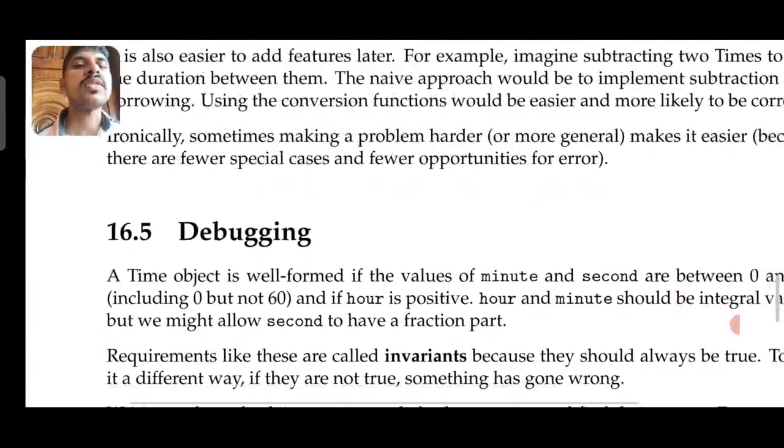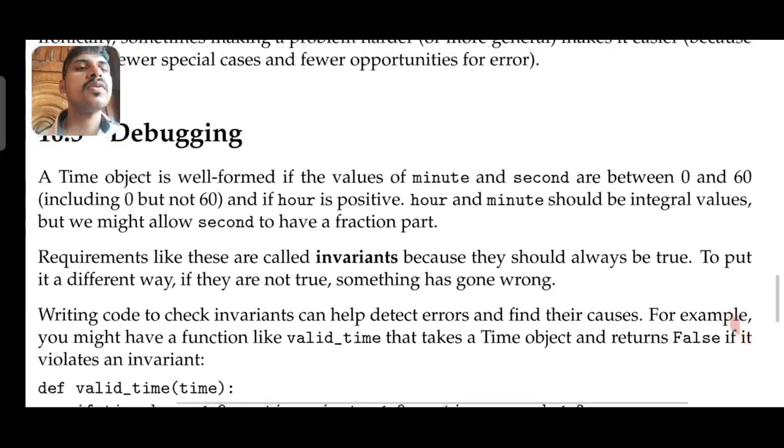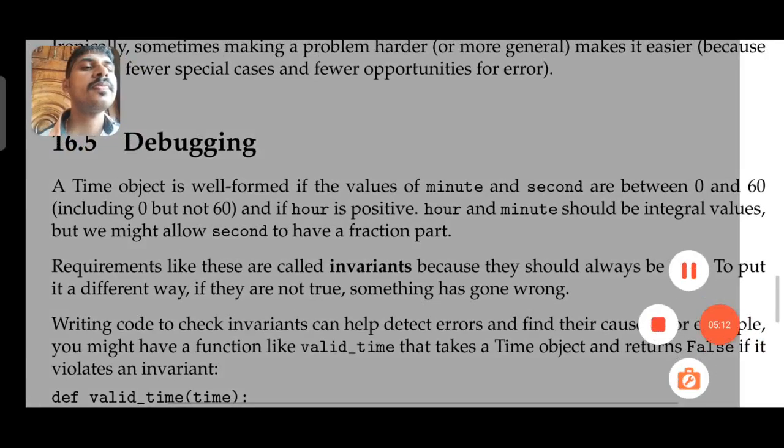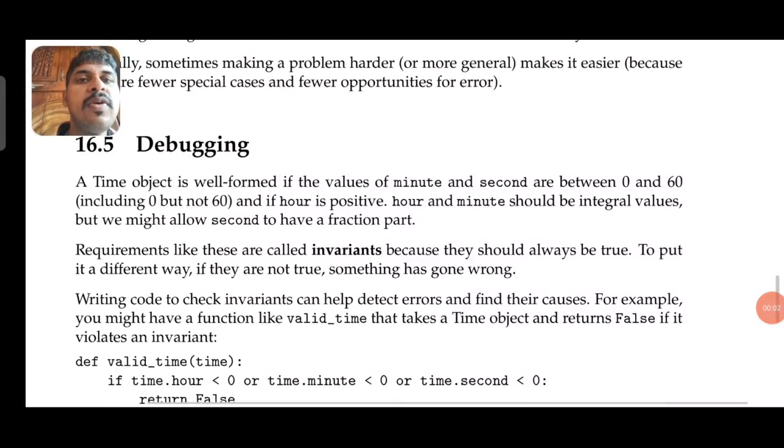Now we have to see the concept of debugging. So a time object is well formed if the value of minute and second are in the range of 0 and 60, including 0 but not 60, please remember, and if hour is positive.